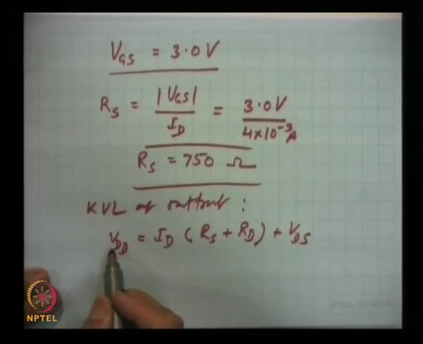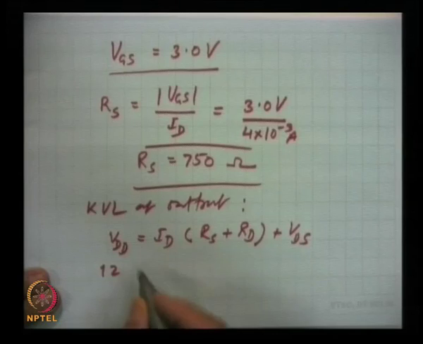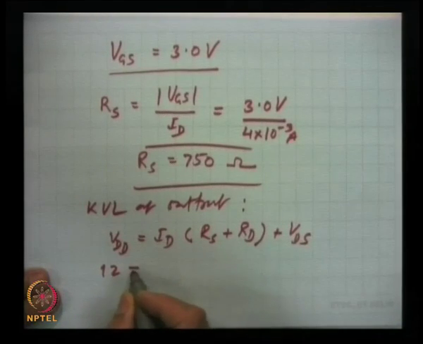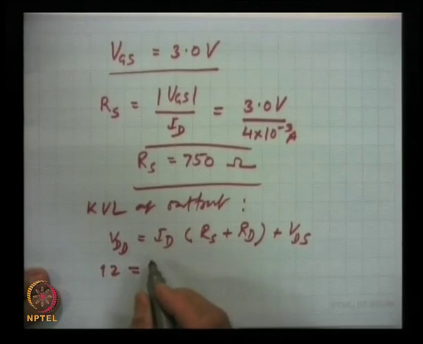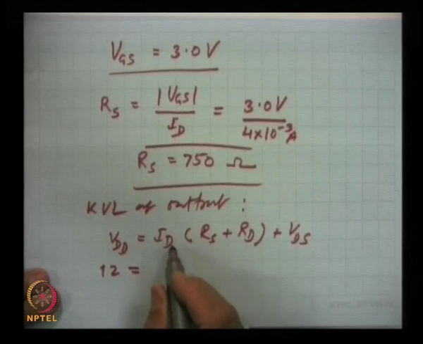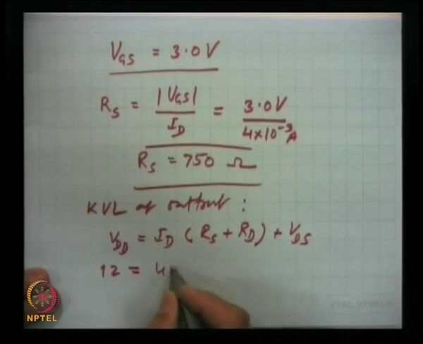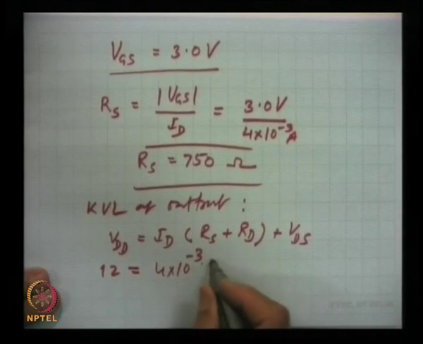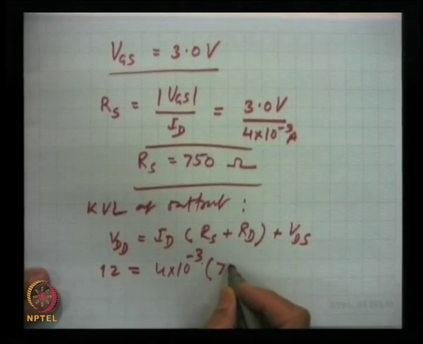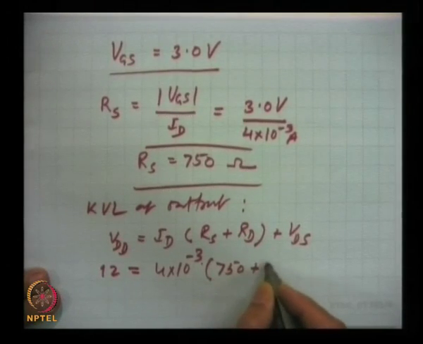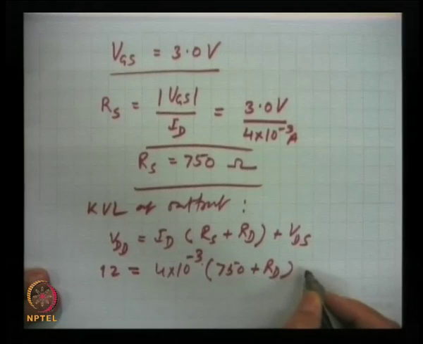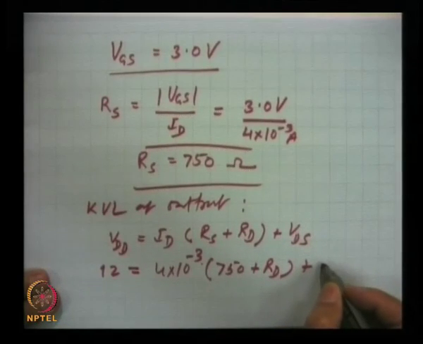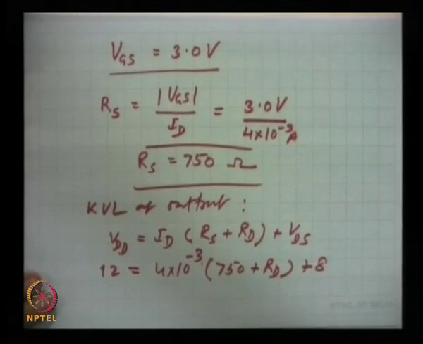VDD is given as 12, ID is 4 milliamps, so 4 into 10 to the power minus 3 amperes into 750 ohms plus RD, plus 8 volts.